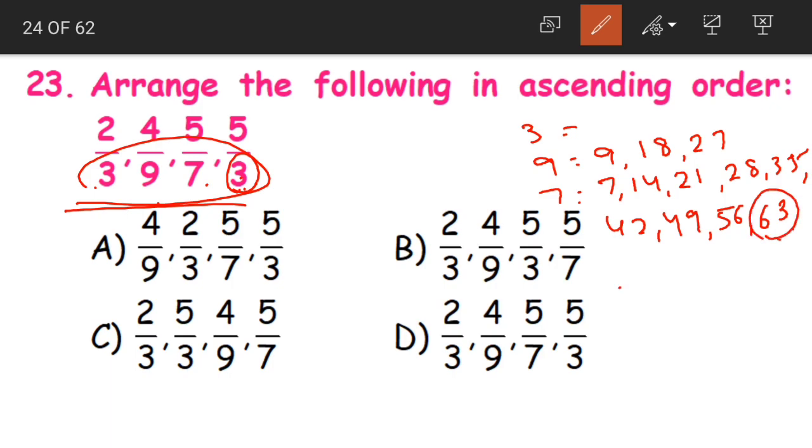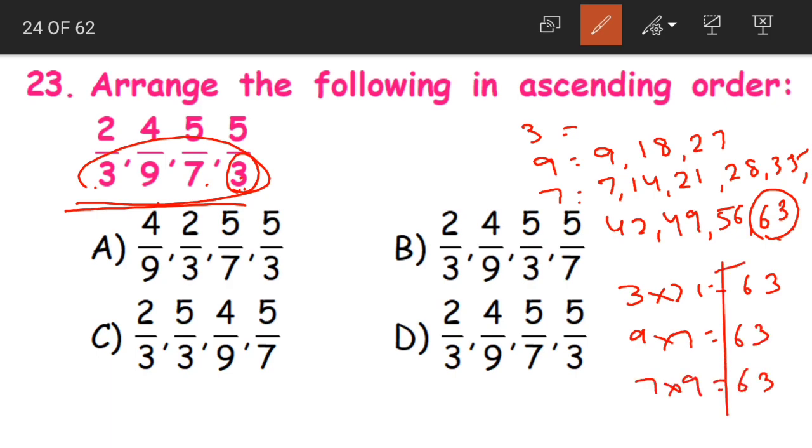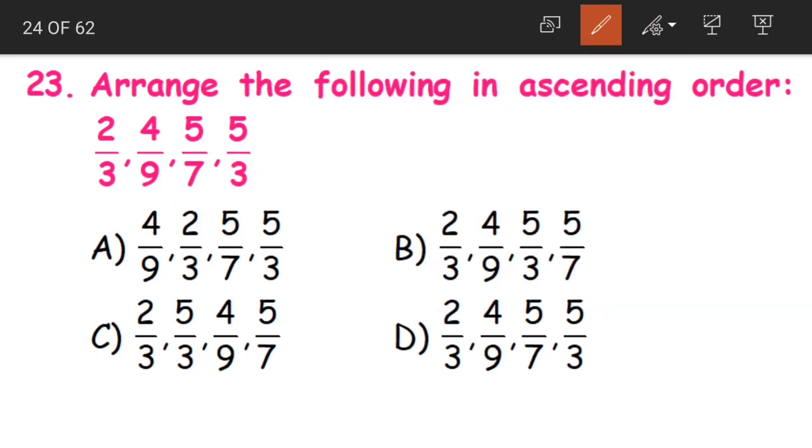See 63, we have 3 21s are 63, then we have 9 7s are 63, and also we have 7 9s are 63. So 63 becomes our least common multiple here. LCM is 63. Now we have to convert all these fractions into like fractions with the denominator 63.